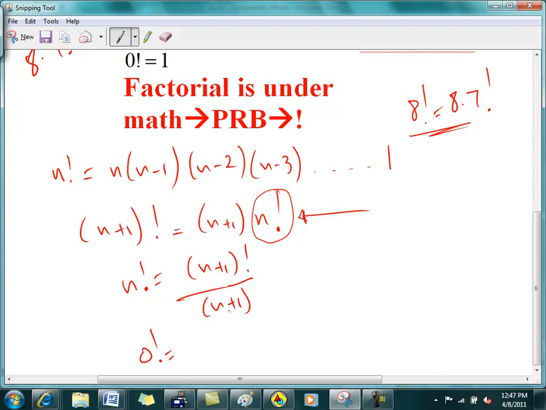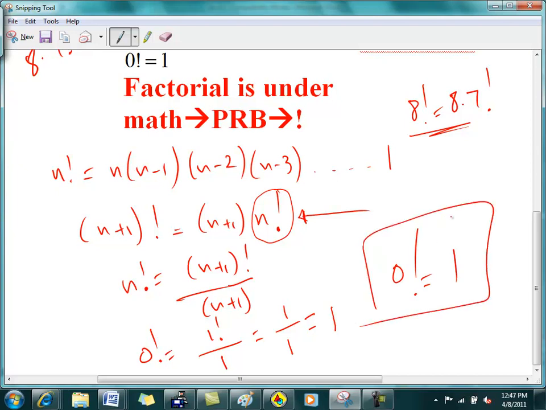What do I get on the right hand side for the numerator? 1 factorial. What do I get downstairs? 1. What's 1 factorial equal to? 1 over 1 equals 1. 0 factorial equals 1. Isn't this smart? Yes.